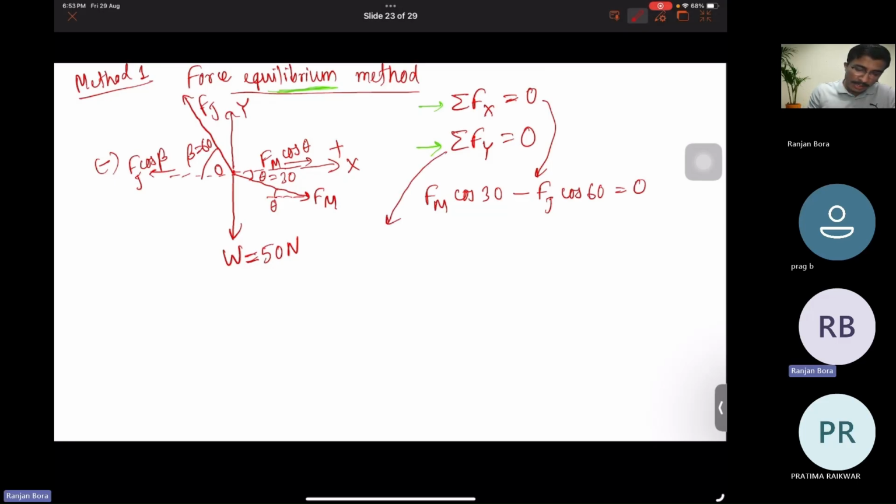Then using the second equation, what will we get? I will solve it, then I can tell you the answer.